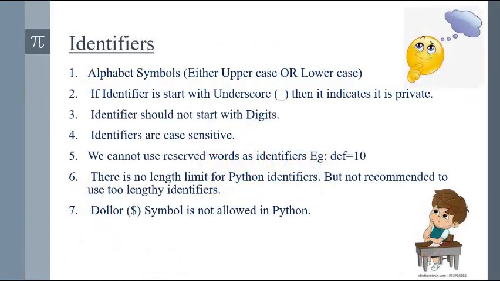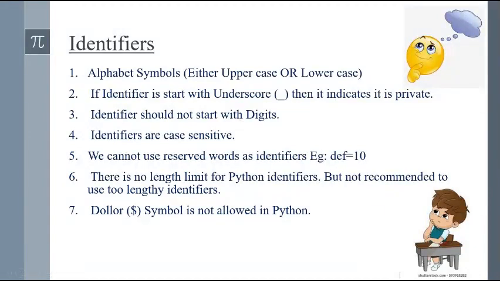Here are some points through which you can easily understand how an identifier looks. The first point is alphabet symbols, either in uppercase or lowercase. Uppercase means capital letters and lowercase means small letters. If an identifier starts with an underscore, it indicates it is private.